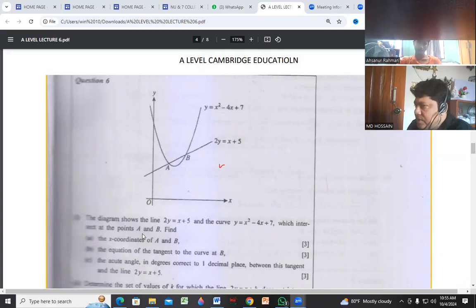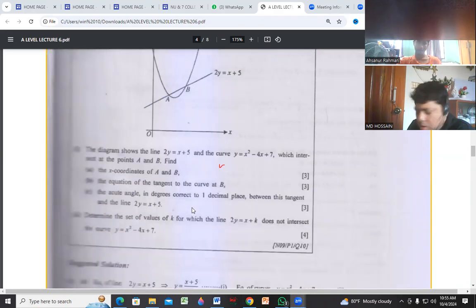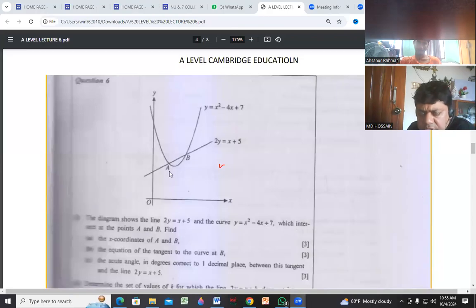Do you understand what is the meaning of intersect? Yes, sir. Okay. Now, number 1, we have to find out the x coordinates of A and B. Look at the screen pictures. This is the curve, and the equation of the curve is y equal to x squared minus 4x plus 7.